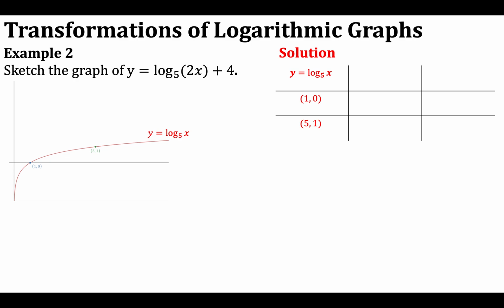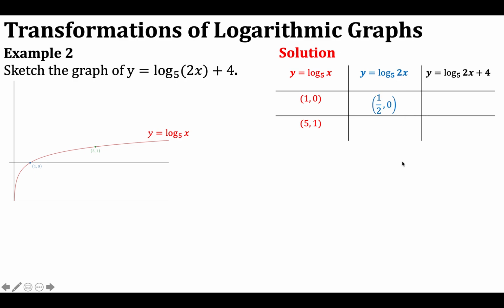Now the first transformation we are going to look at will be y equals log to the base 5 of 2x, and then we will look at what happens when we add 4 to that. So this first transformation, changing from just the x into the 2x, results in a horizontal compression. So that means that we are halving all of our x ordinates, dividing all of our x ordinates by 2.